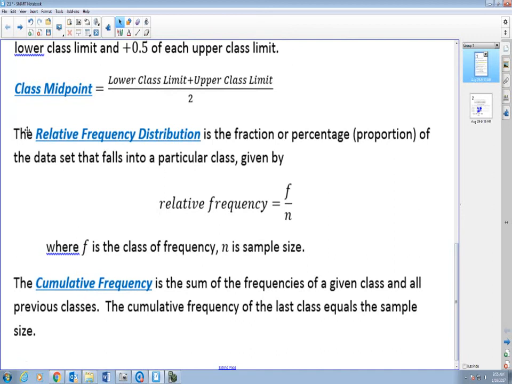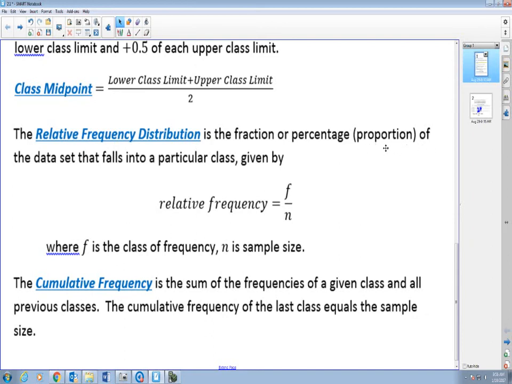Alright, the word relative frequency distribution. When you hear this word relative, it's referring to the fraction or percentage of the data that falls into a particular class. Okay, so when I use the word percentage, I'm also referring to the word proportion.